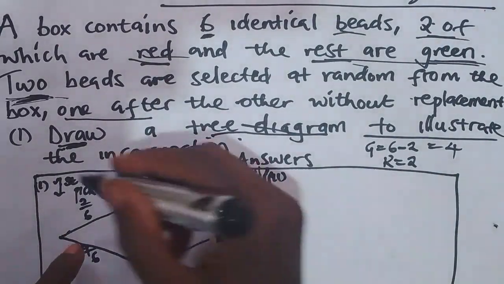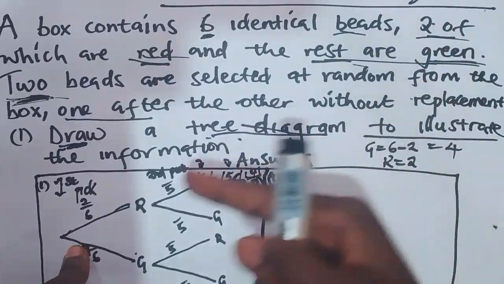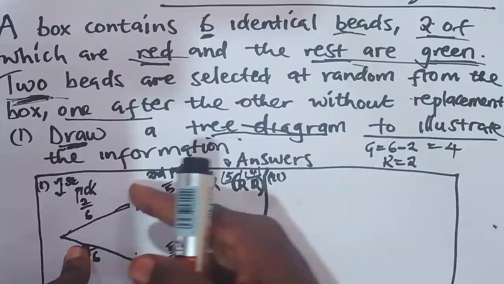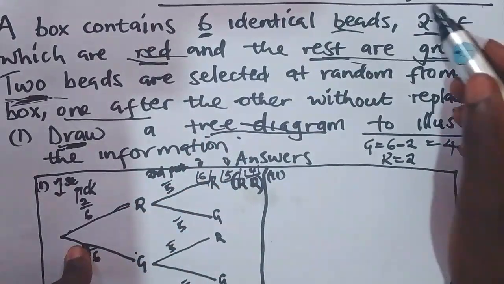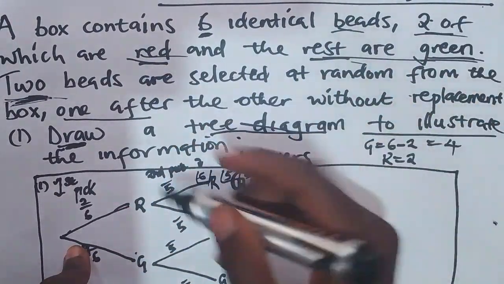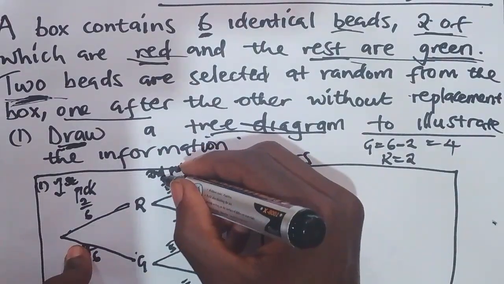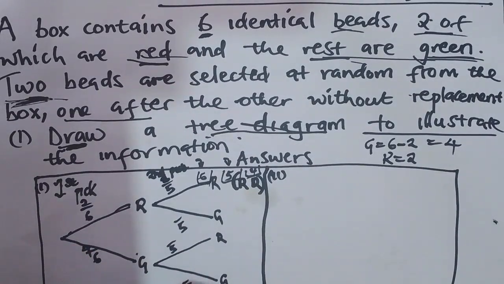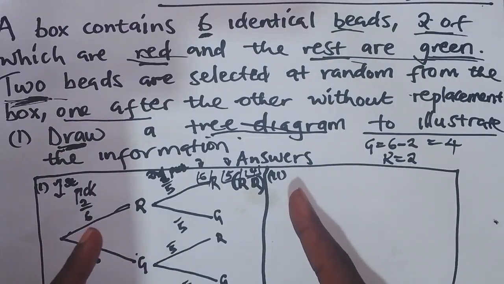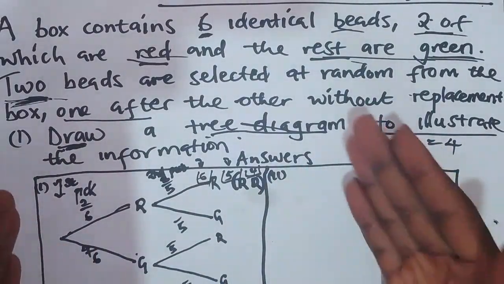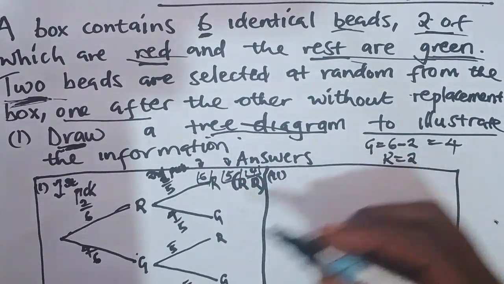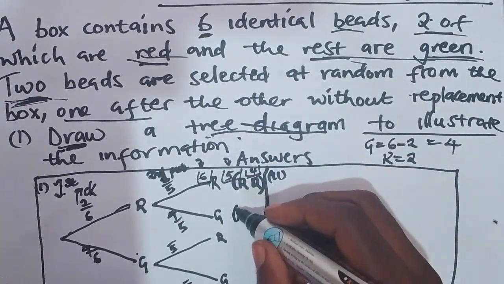In the first round, if you pick 1 marble, you remain with 5. If you pick the red marble, out of 2 red marbles you remain with 1. So here you say 1 out of 5. Since in this round you picked red, the number of green won't be affected because you didn't pick green.